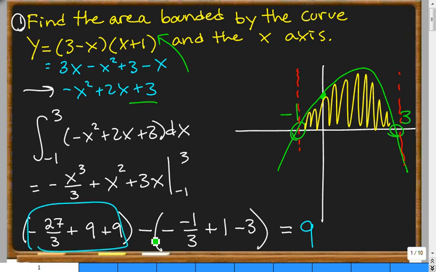And then the other part is 1/3 plus 1 minus 3, so that's 1/3 minus 2, which would be negative 5/3. And so overall, my total area is going to be 9 plus 5/3, which should be 32/3.